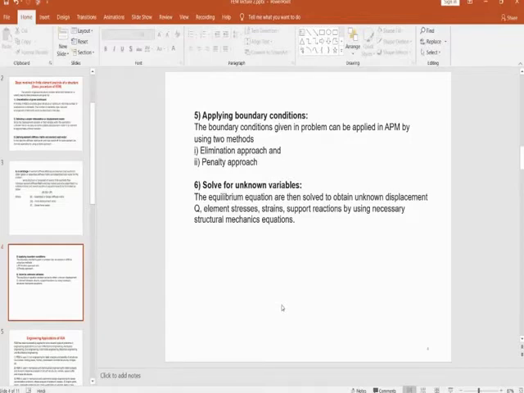Or strain epsilon is equal to delta L by L. So once you find delta L or the nodal displacements Q, you can easily find the strains. From the strain, you can find the stress, because stress sigma is equal to E into epsilon. Hence, from the strain you can find stress, and then you can find support reactions. So all the solutions can be found like this.